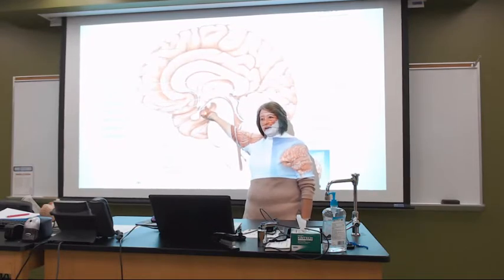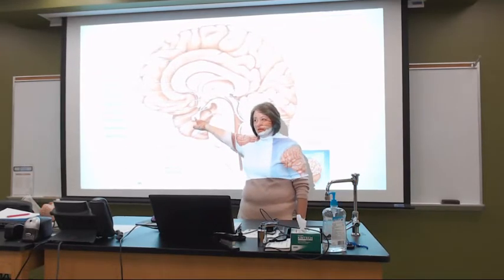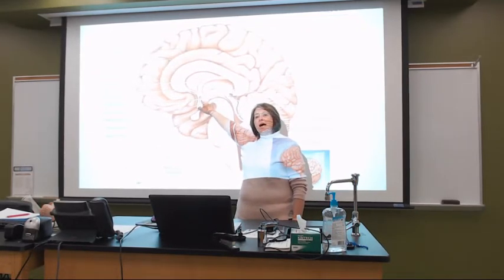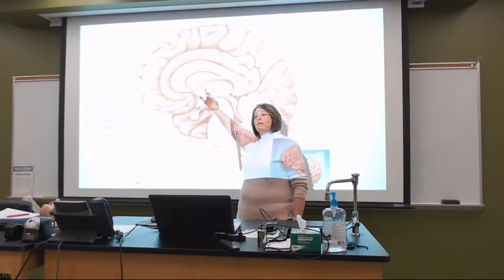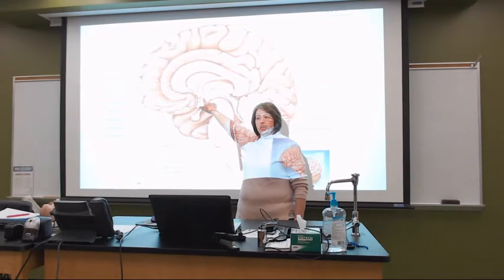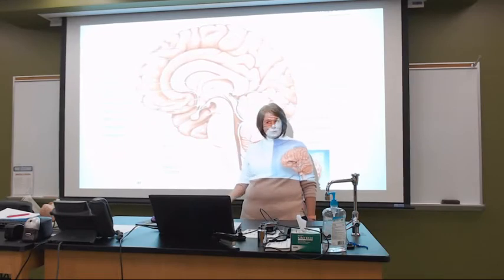My hypothalamus has the connection to the pituitary gland. But my hypothalamus is part of my brain. It is part of this tissue, this area that is primitive.